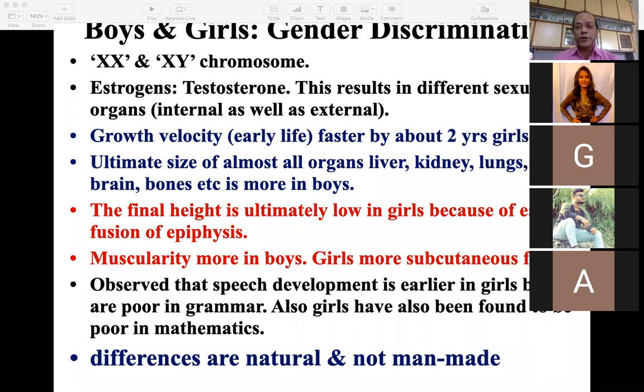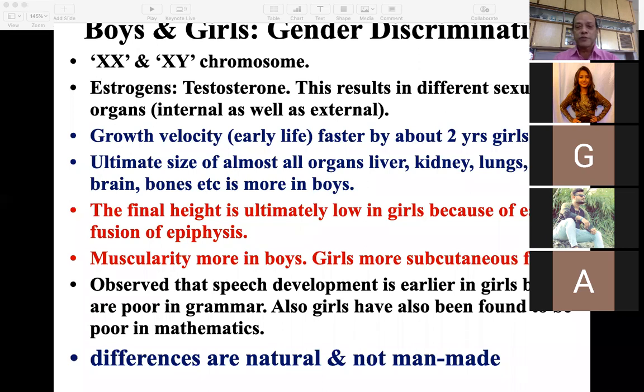It has been observed, and many of you may not agree with this, but these are the facts. And why we are discussing these differences is how we should tackle them as a human right issue or as a gender discrimination issue. So it has been observed that speech development is earlier in girls, but they are poor in grammar.